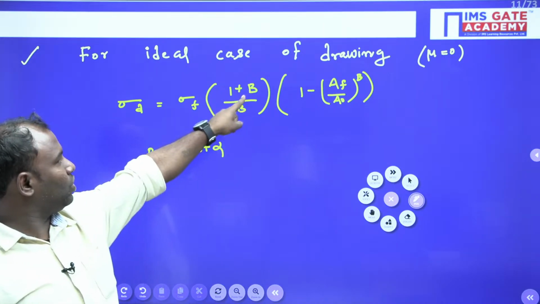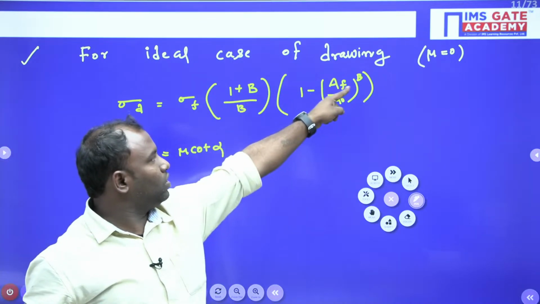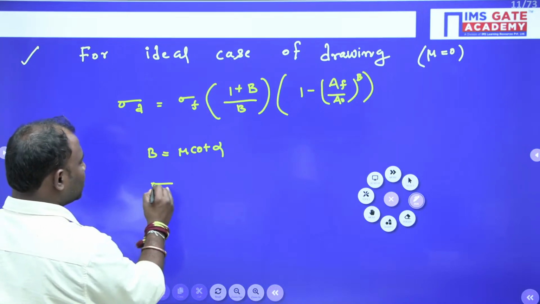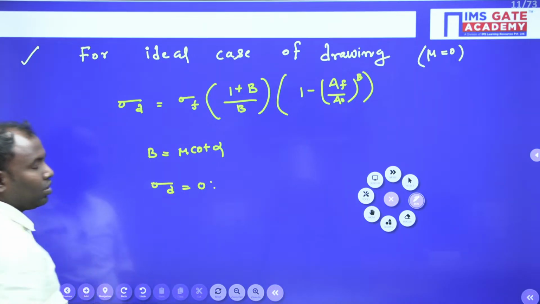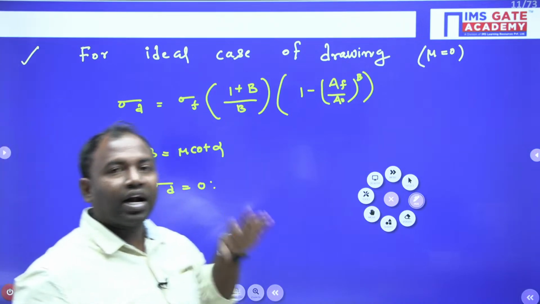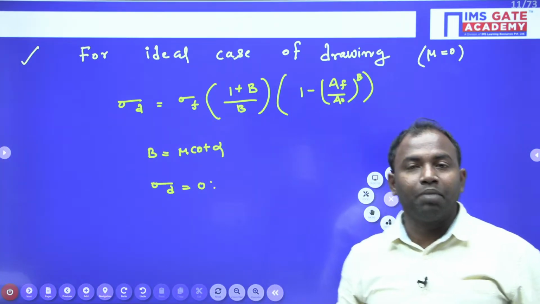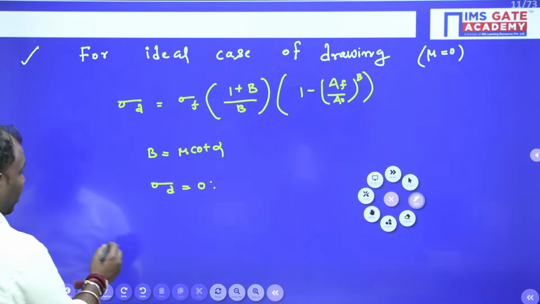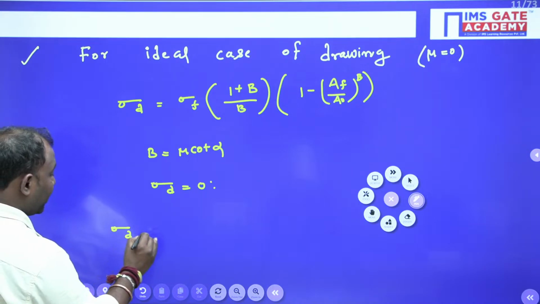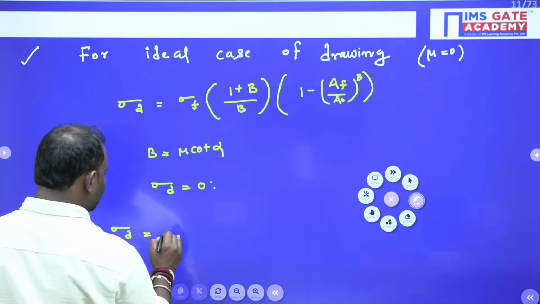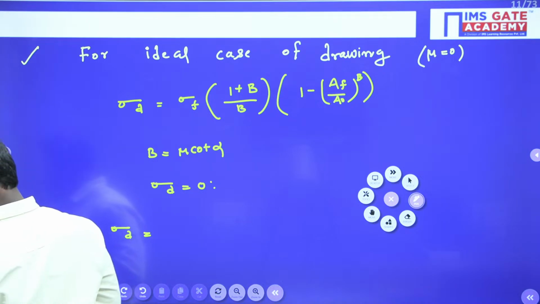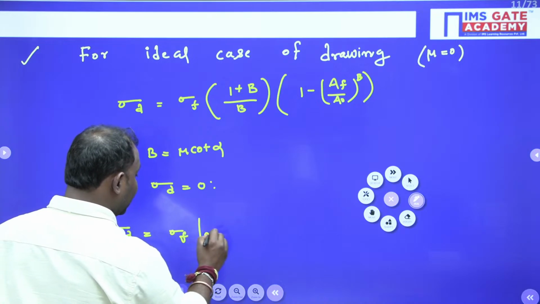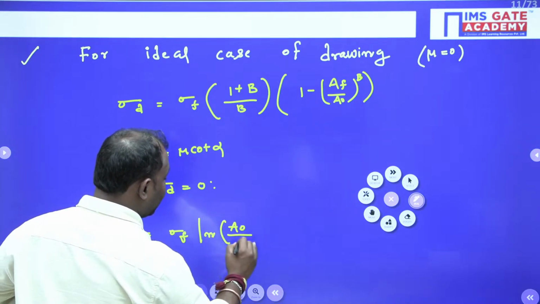If B equals 0, then 1 by 0, and 1 minus 1 gives 0, so the entire expression is 0. For the ideal case of drawing, we have another formula for calculating the drawing stress sigma d. For the ideal case, sigma d is sigma f or sigma y into ln of A naught by Af.